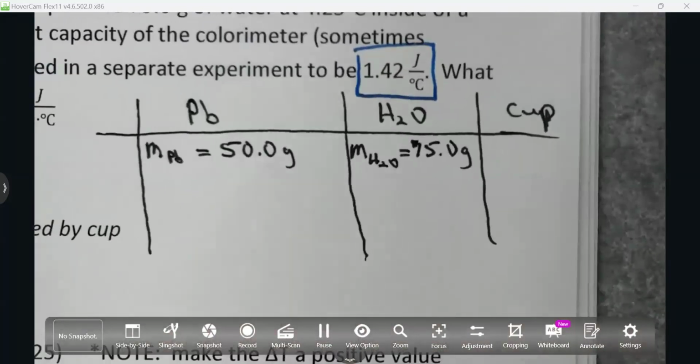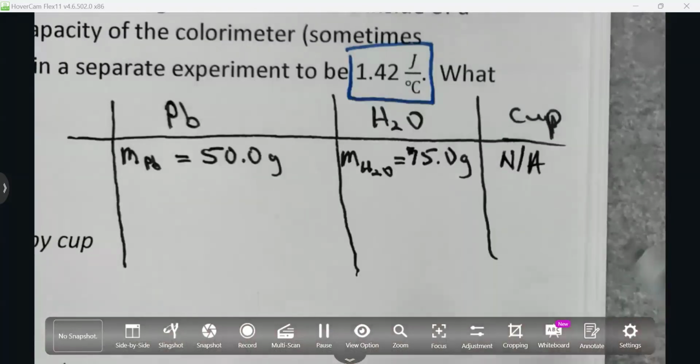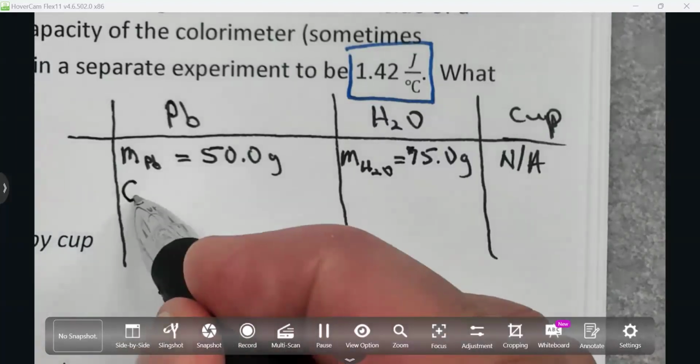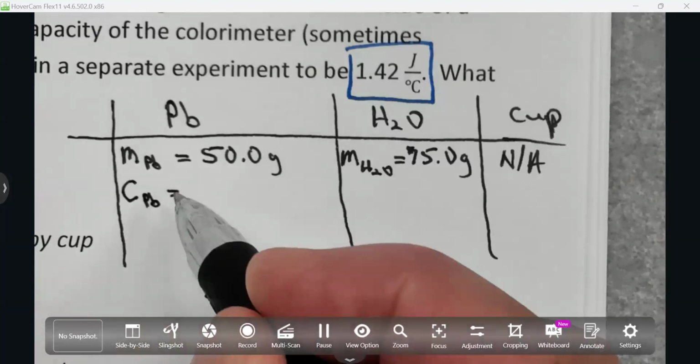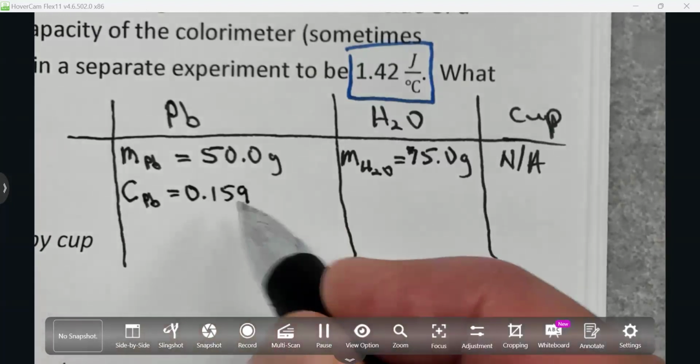Ended up messing up my columns here. My mass of cup, not applicable, it's built in. My specific heat of lead, 0.159.